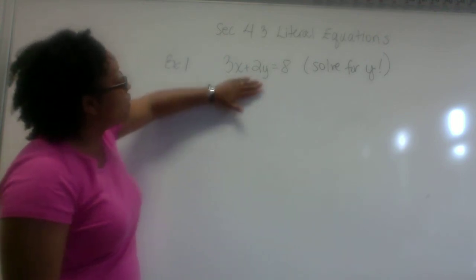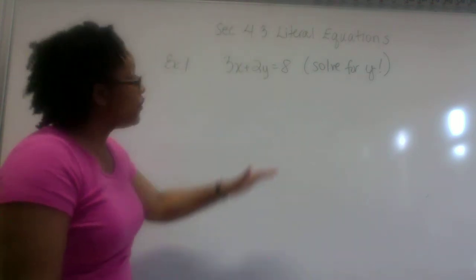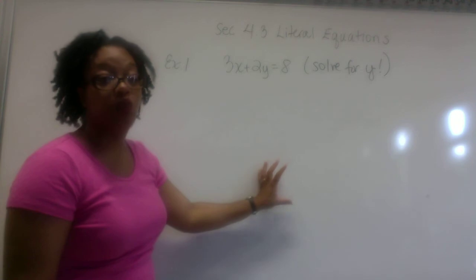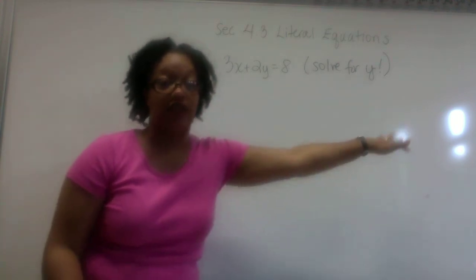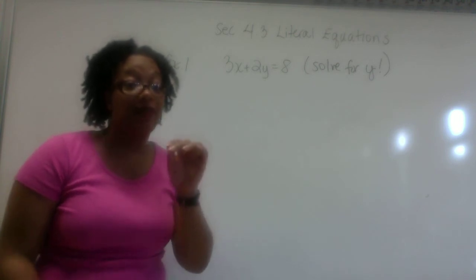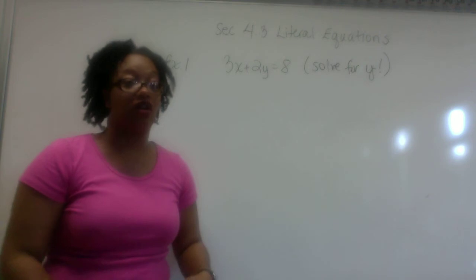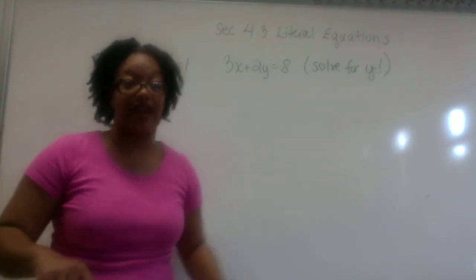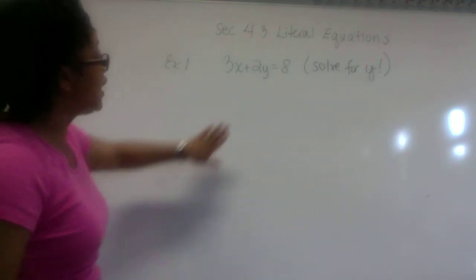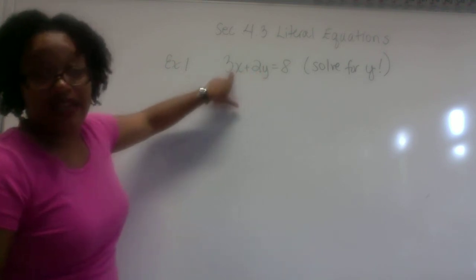So that means you've got everything going on here. It all needs to be moved over so that your final answer is just y equal to everything else. Okay? So let's see what's going on. Remember, I want you to stop and take a minute and look at the equation before you jump in and start moving things and canceling. So in this case, 2 is being multiplied to the y, and 3x is being added to it.